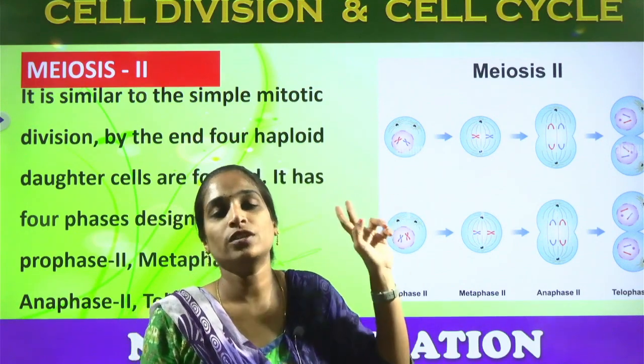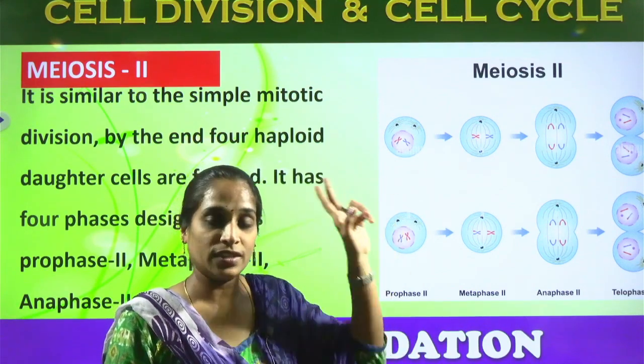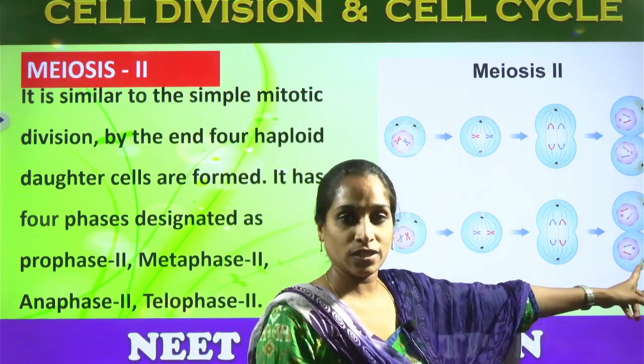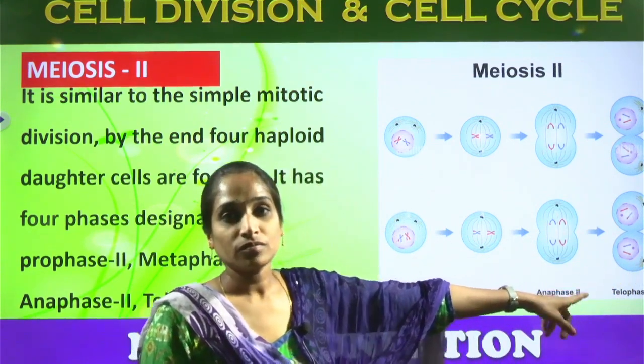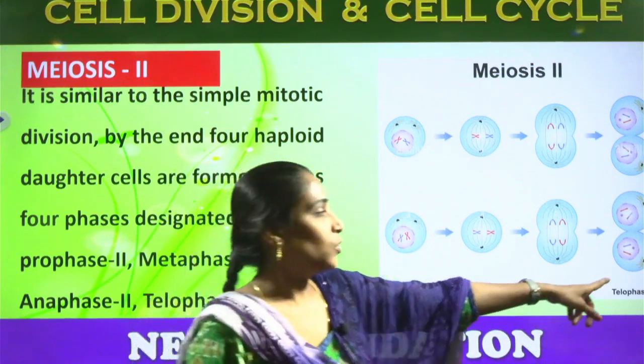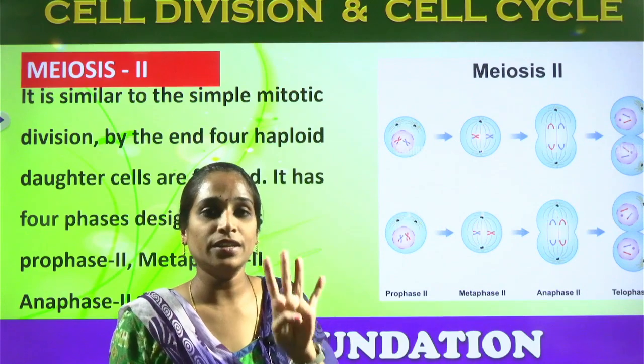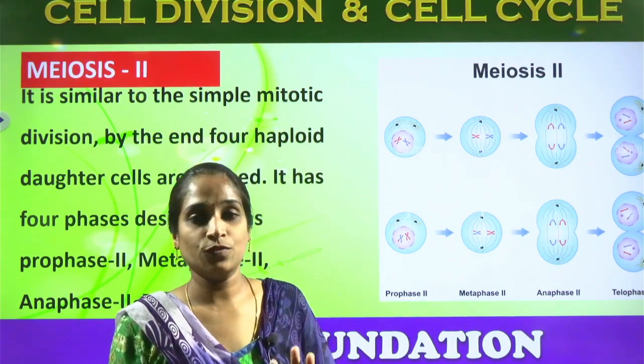Two daughter cells were already formed in meiosis 1 at the ending stage of telophase 1, and the other two cells are formed in meiosis 2 at the last stage, telophase 2. So ultimately four unique cells will be formed.